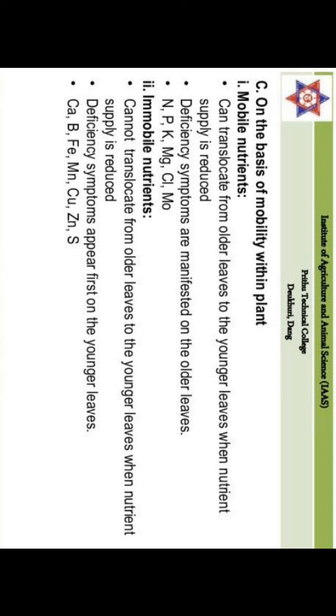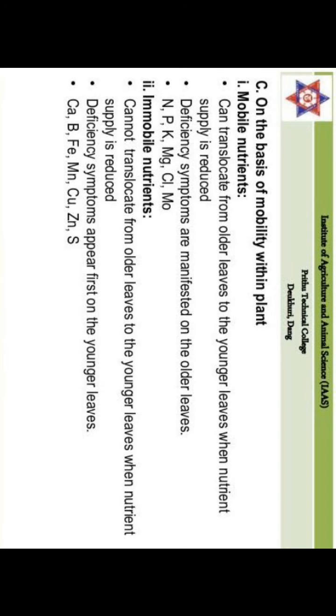Mobile nutrients can translocate from older leaves to the younger leaves. When nutrient supply is reduced, deficiency symptoms are manifested on the older leaves for N, P, K, Mg, Cl, Mo.